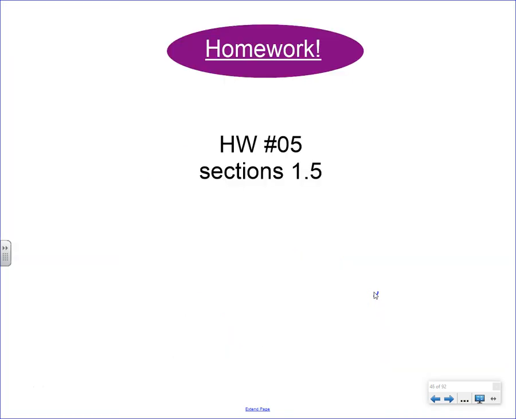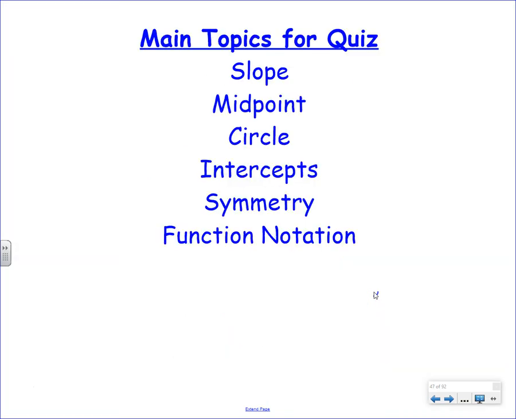Go ahead and grab out your spirals. If you want, you can also write down, which I'll have on the board tomorrow too, but if you want to write down even tonight, maybe you're meeting with a tutor, maybe you're meeting with an honors Precalc kid, we can do some tutoring for you, help you out. Or maybe you just want to keep in mind the main things to be studying for. Oh, we're having a quiz right now. That's weird.